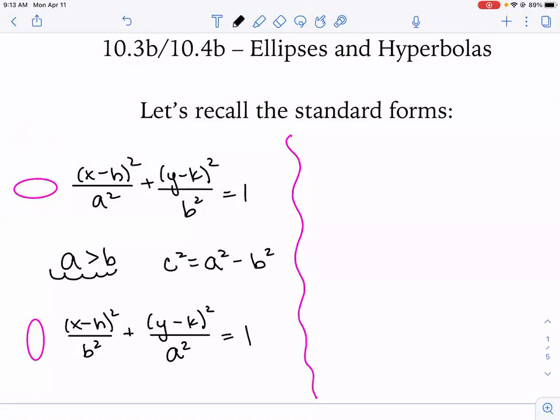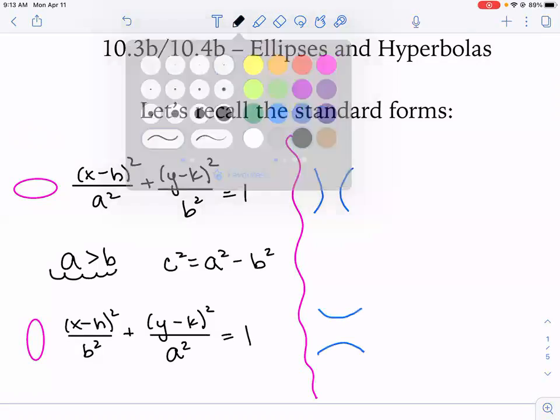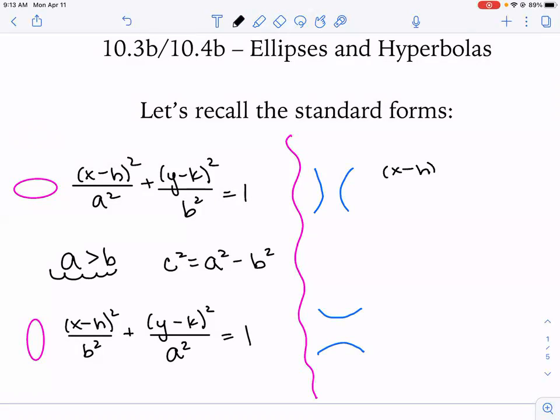All right, let's talk about our hyperbolas. Our standard forms are pretty similar, if we have a horizontal hyperbola versus a vertical hyperbola. The only difference, well, there's a couple differences. A and B, it doesn't matter how big they are. What matters is who is the positive variable and who is the negative variable.